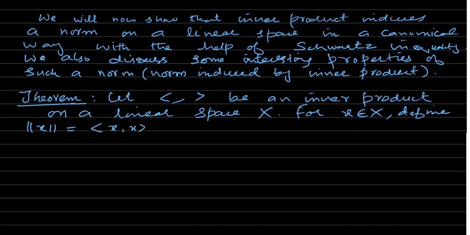That's a positive square root of this number, because we know that the inner product of x with x is greater or equal to 0, so we can take its positive square root.